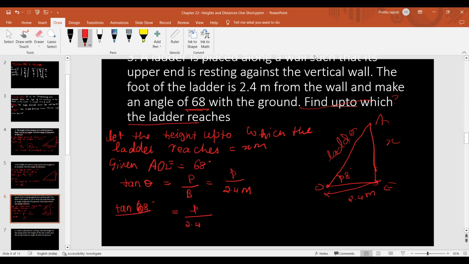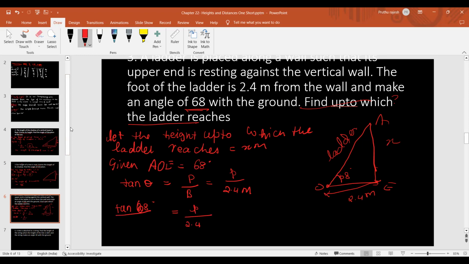There is no value in our table of trigonometric ratios of standard angles for tan 68. So the value is in the last page of your book, where there is a table called tangents.